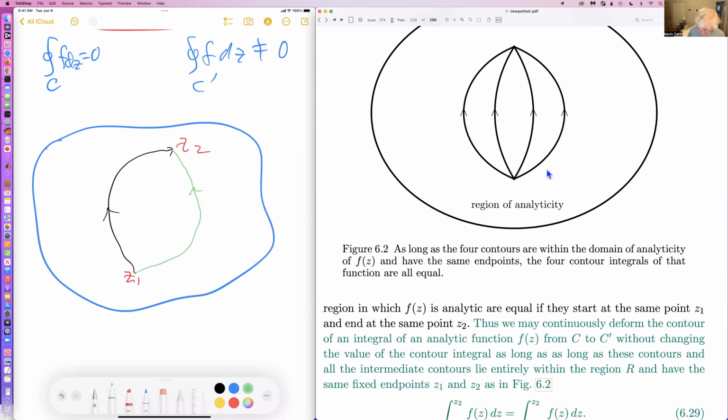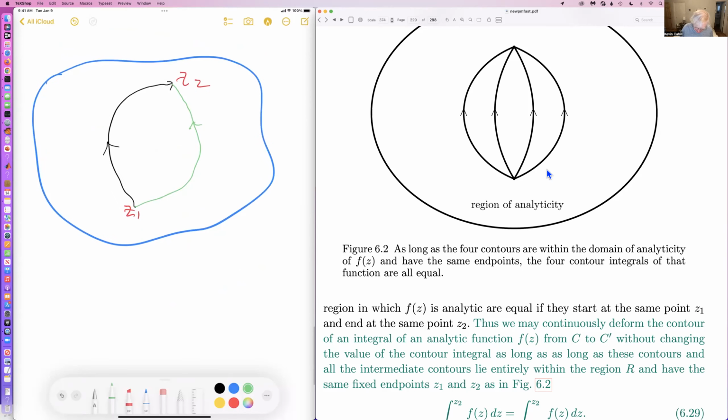And if the function's analytic within that region, then the integral along the black contour of f of z dz will equal the integral along the green contour.